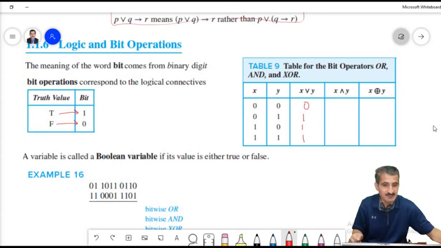That looks like addition, but the result is 0 or 1. But the AND looks like multiplication. So this is 0, 0, 0, and 1.